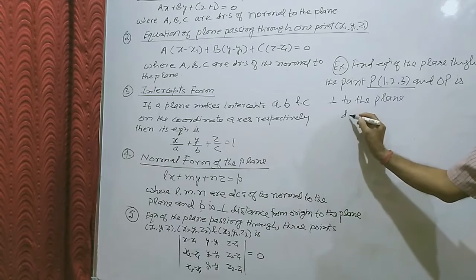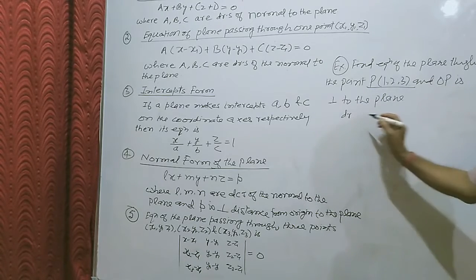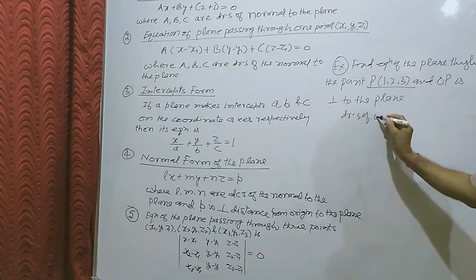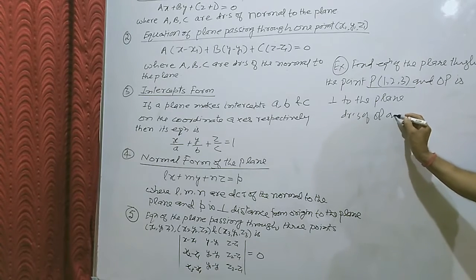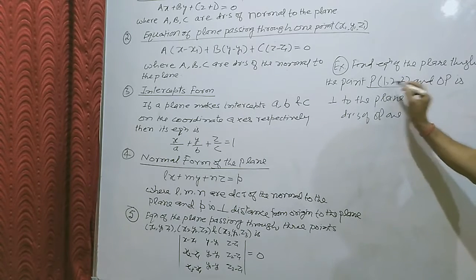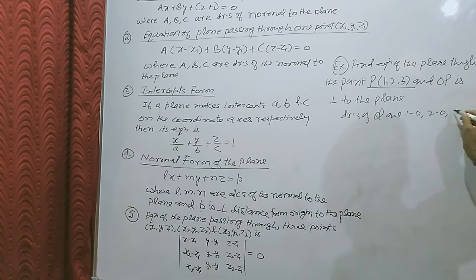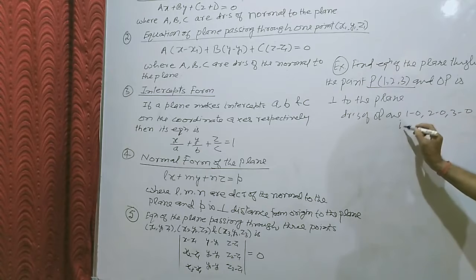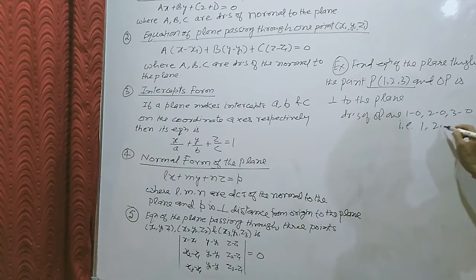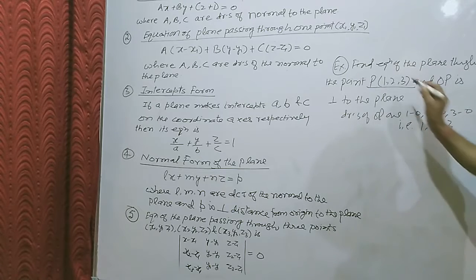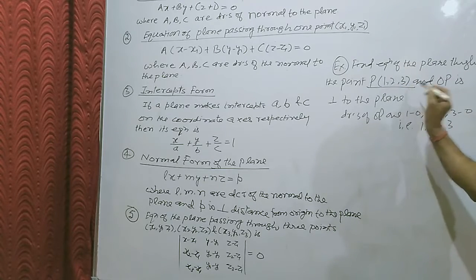So the DRs of OP, O is the origin: the DRs of OP are P's coordinates minus O's, 1 minus 0, 2 minus 0, 3 minus 0, that is 1, 2, 3. These are the DRs of OP, that is the normal to the plane, and these are the point.